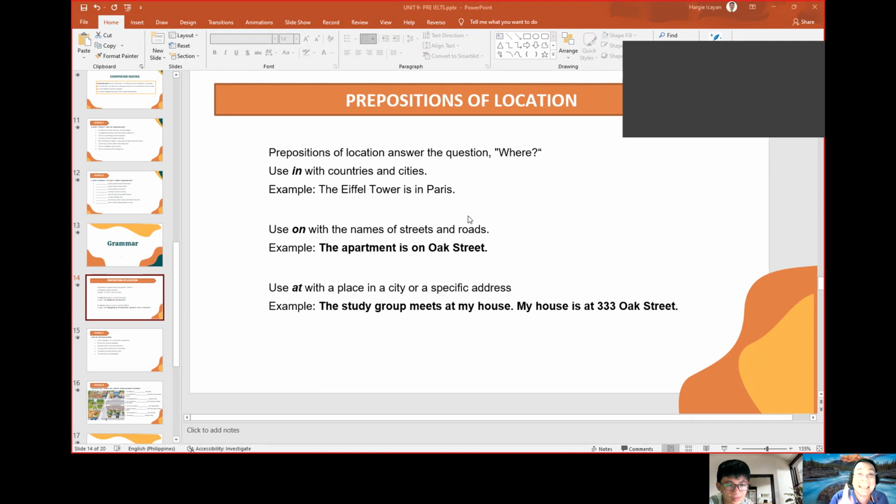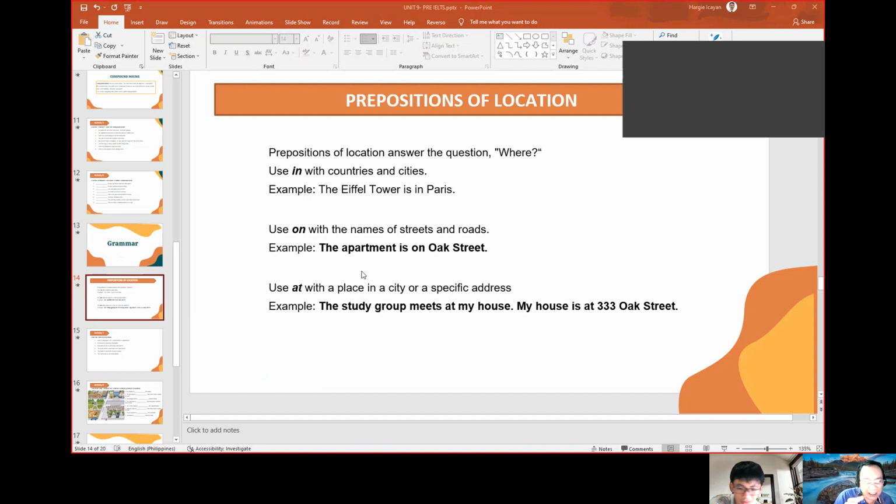So that is in Ho Chi Minh City, right? So that is in. We use in there because we're talking about the city. Again, remember, city and country: in. Next, on. When do we use on? With the names of streets and roads.